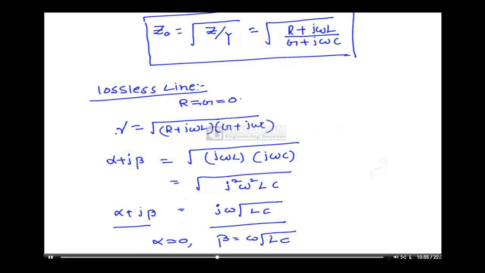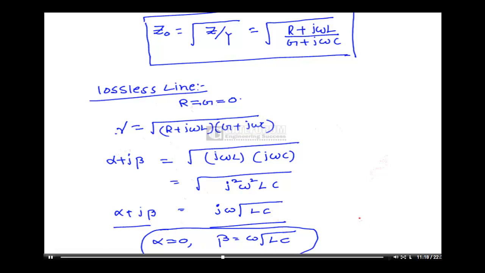That is true; only then can we say that it is lossless. Whereas the phase constant exists, which means the wave is propagating. So for a lossless line, alpha is equal to 0, beta is equal to omega into root LC. This is one of the important points you have to keep in mind.